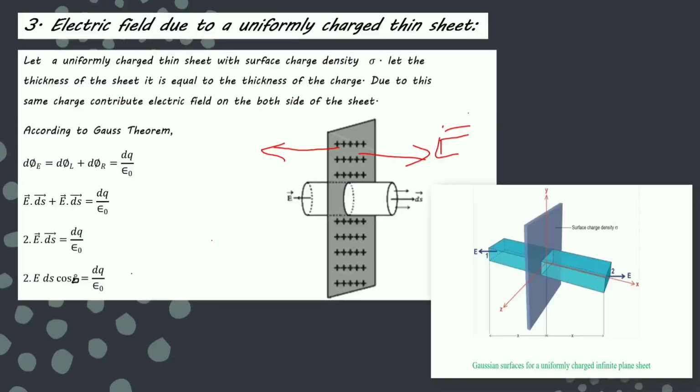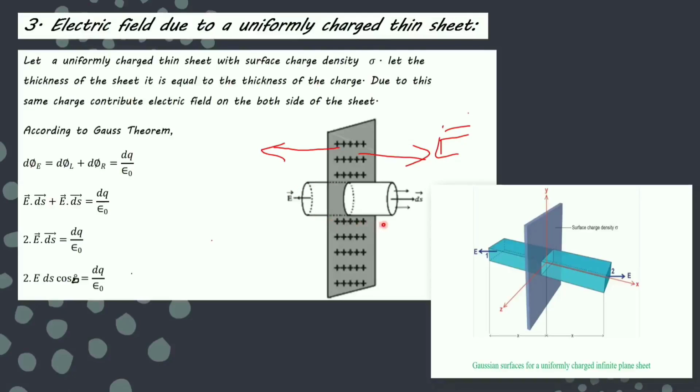That is very important. Now again we have to use the Gauss theorem, and for applying Gauss theorem we have to take a Gaussian surface. This is the method whenever we are using the Gauss theorem. This is a three-dimensional view. I may take a cubical surface, like given in your NCERT, as the Gaussian surface, or I can assume a cylindrical surface.